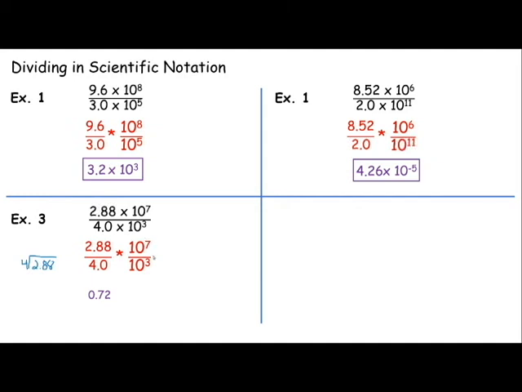0.72. And then over here on the right, the rule is that we subtract the exponents. There you go. Did you see the problem? Hopefully, after what we learned with multiplication, you realize that that's not a number between 1 and 10, and we are not finished yet. 0.72 doesn't work, but 7.2 does.